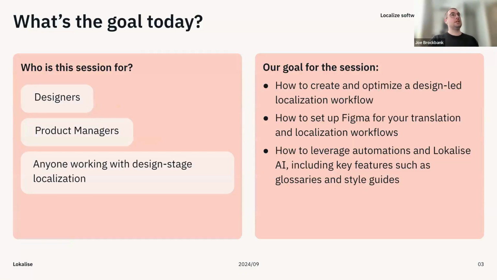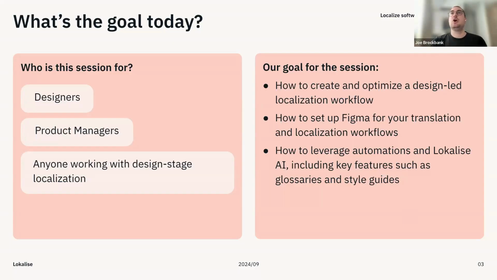So I think I've been through this a little bit, but who is this for? This is mostly for designers and product managers, but anyone that's really working within localization could benefit from this, especially when we talk about app and software localization. And because we're going to be mostly talking about how Figma can integrate with Localize and then the code repositories, it's going to be covering kind of everything, but those are mostly who this session is for.